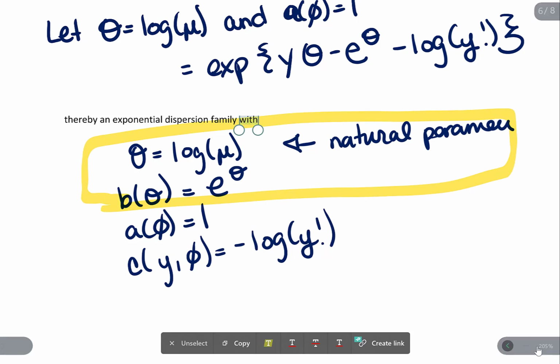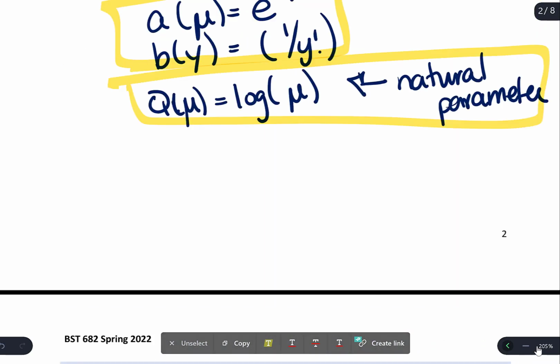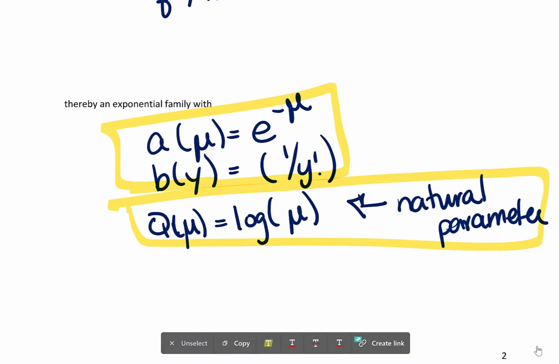So let's go back to the previous page, page 2, where we already looked at the Poisson distribution. Using the exponential dispersion family, the natural parameter was equal to log of mu. Notice that that was the same log mu that we got.